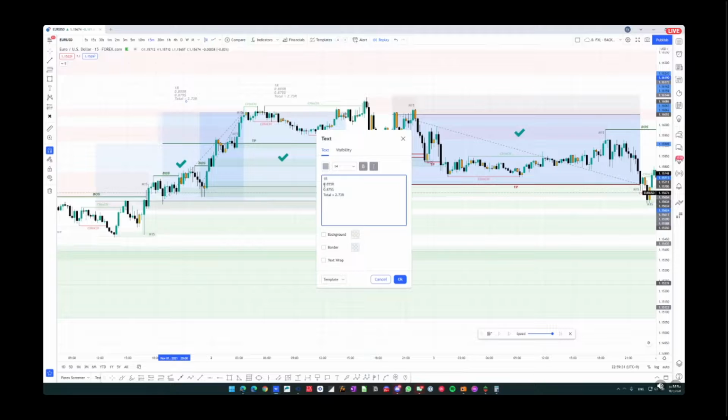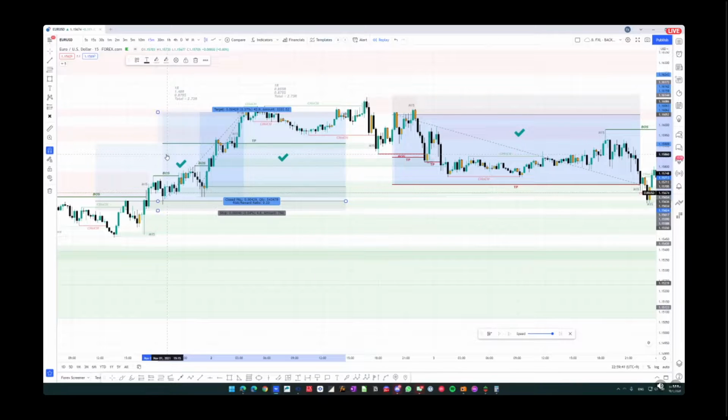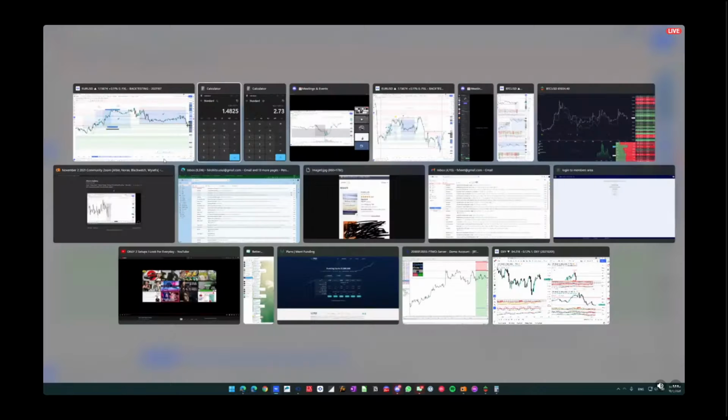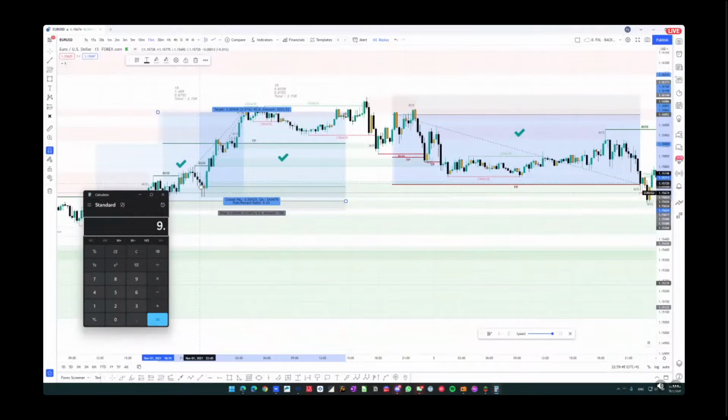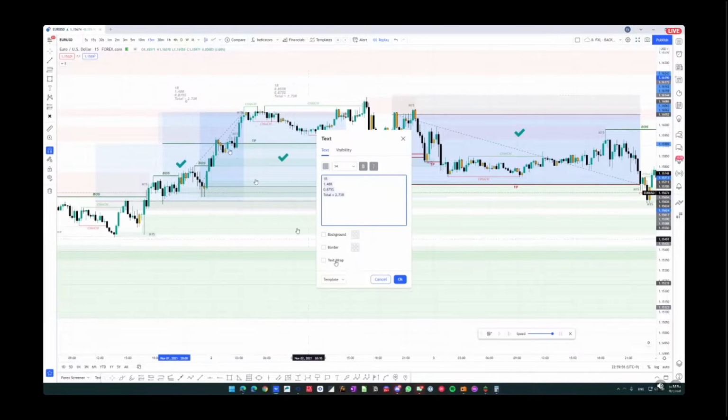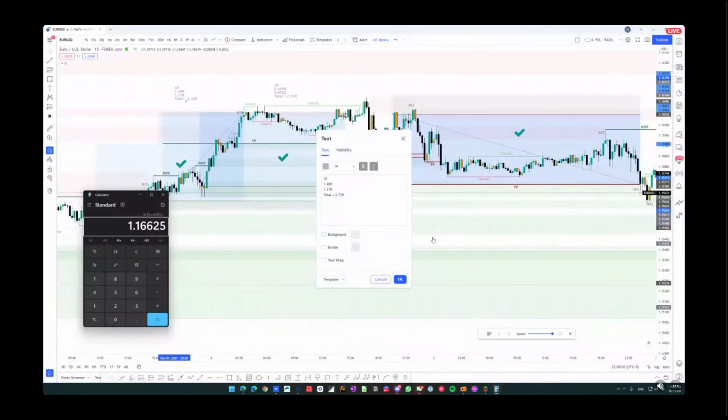So 1.48R on this one, and then the target for this one is 9.33. So 9.33 times 12.5 is 1.17.